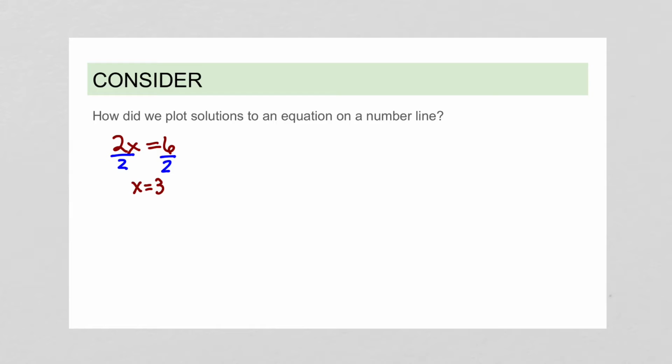And we believe that's true because if we plug x in, we could say 2 times 3 equals 6, and 6 does indeed equal 6, so we know that's true. So if we had a number line and we needed to plot the solution, we would ask, what one number, one dot on this number line makes this true?